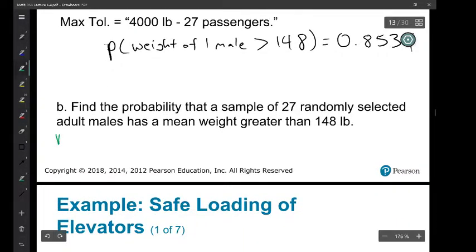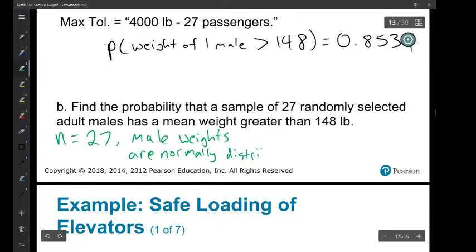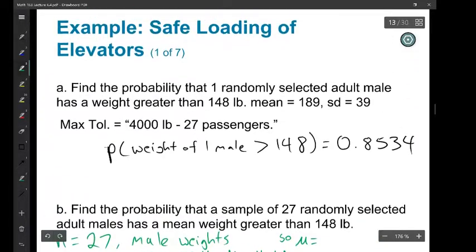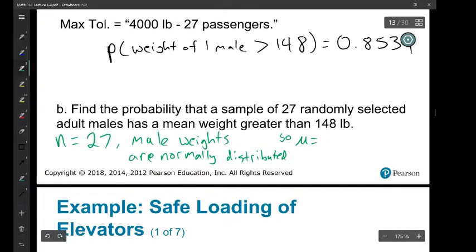So n is equal to 27, and male weights are normally distributed. So that means mu is the same. We have the same mean. Mu is 189. Well, that's actually mu sub x bar.